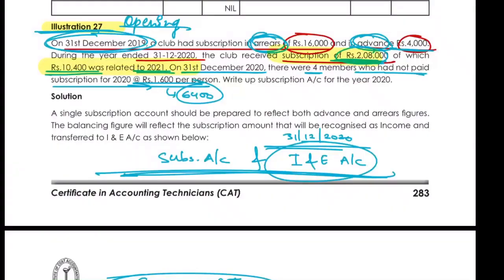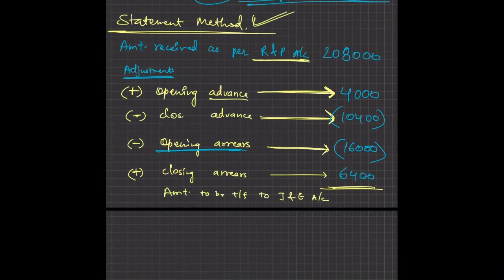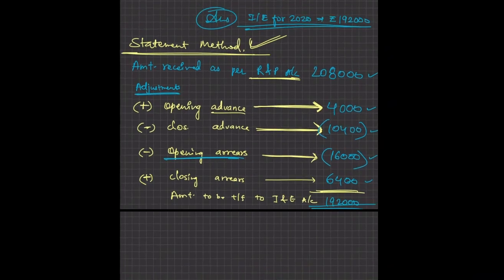And finally, I have 4 members who have not paid the fees of 2020. That is the closing arrears of 6,400, so that I need to add. If you solve 2,08,000 plus 4,000 minus 10,400 minus 16,000 plus 6,400, it will again give you 1,92,000, which was the same answer as per your account method.